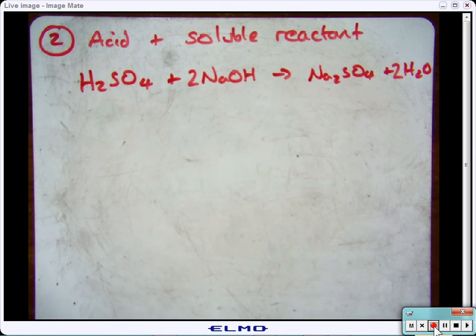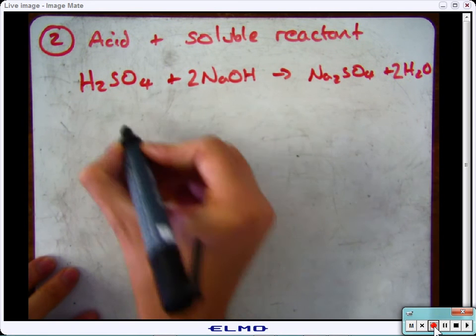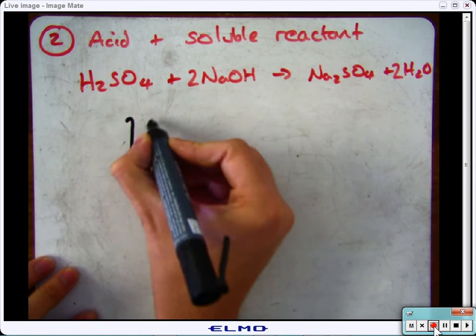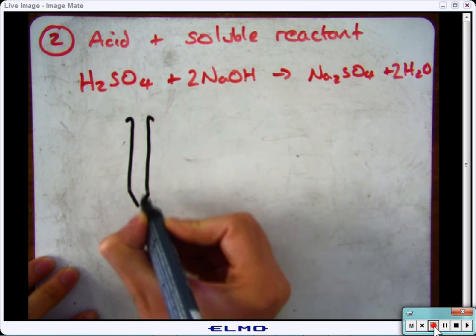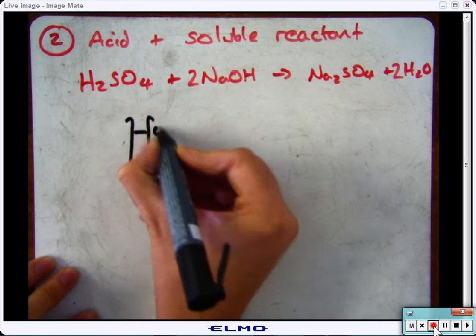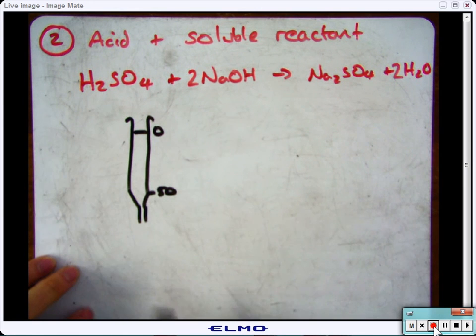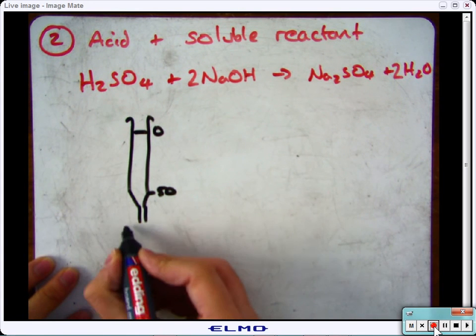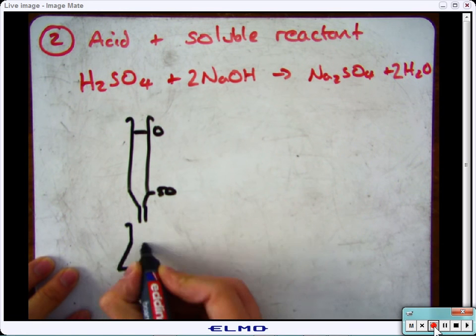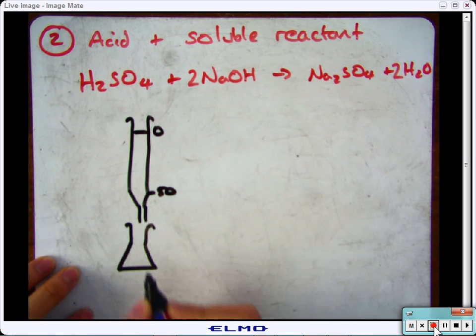Now, in order to know exactly how much of A you need to add to B to get it completely neutral, to make sure you've only got sodium sulfate left in there, you do a titration reaction. Now, the first step is to run a series of practice ones.